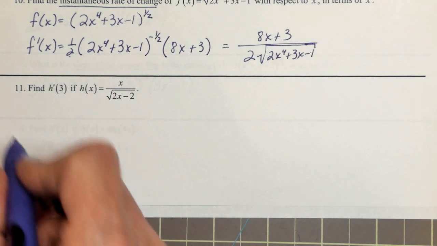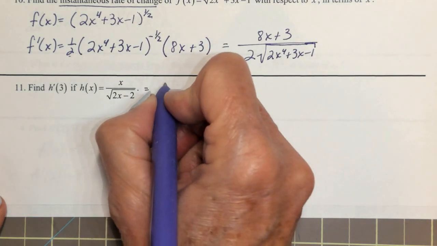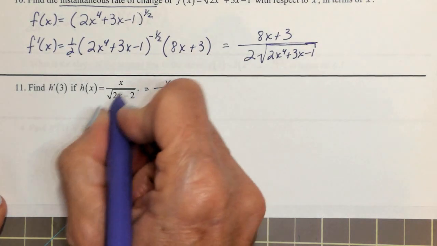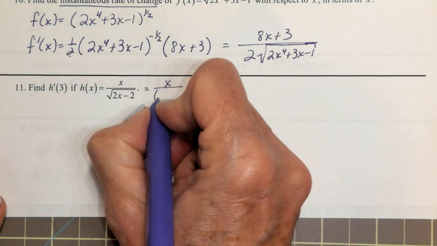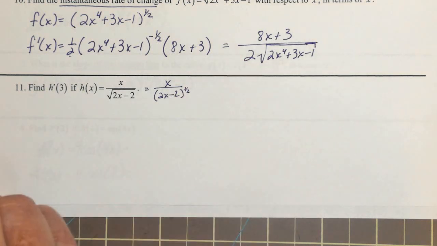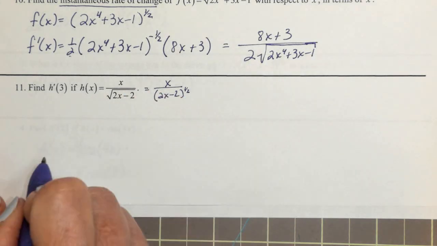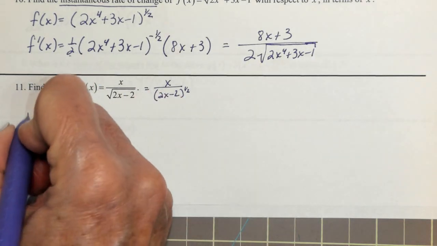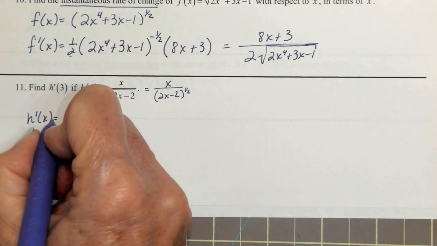When we're taking the derivative of the bottom, I will be thinking of that as 2x minus 2 to the 1/2, right? But when I start the quotient rule, I'm just going to keep thinking of it as a square root. All right, first h prime of x, and then we'll plug in 3 for x.